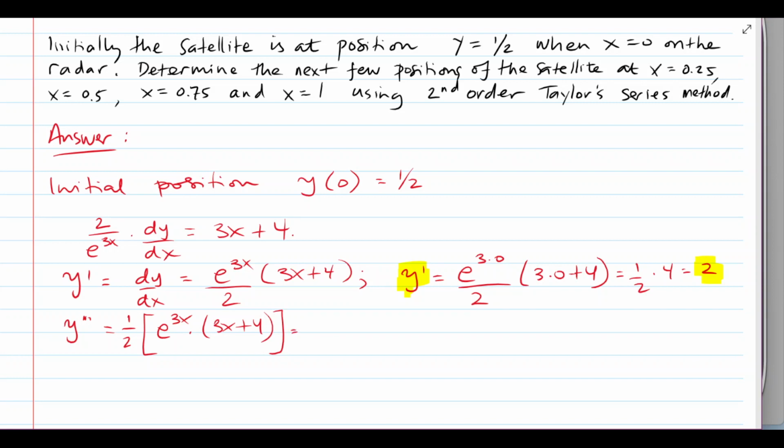So this equals the derivative of the first term, which is 3e to the 3x, multiplied by the second term, 3x plus 4, plus the derivative of the second term, which is 3, times the first term, which is e to the 3x.